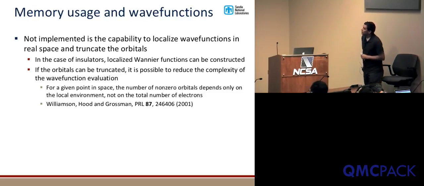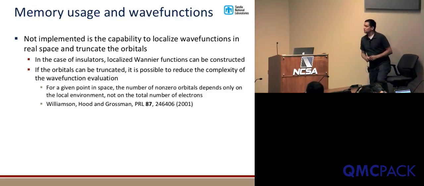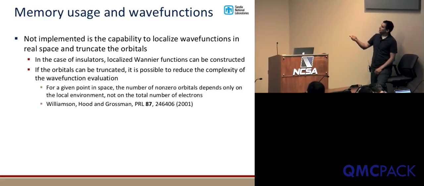Now, a capability that we don't have, at least easily implemented right now, is the ability to localize wave functions and truncate orbitals. There's a paper dating back to 2001 where they noticed that in the case of insulators, you can construct strictly localized Wannier functions for your wave function.